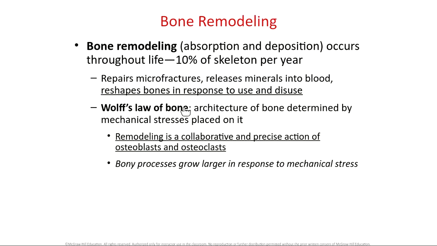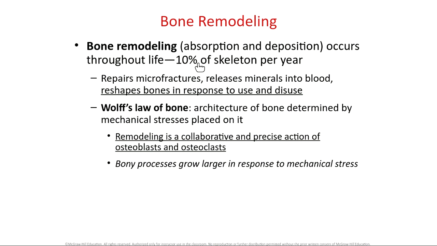Last slide here is about bone remodeling. And so remodeling is going to involve an interplay between osteoblasts and osteoclasts. So you can have resorption happening and deposition happening. And this is happening all throughout life. Now, normal bone remodeling is always happening. And it says here like 10% of the skeleton per year.